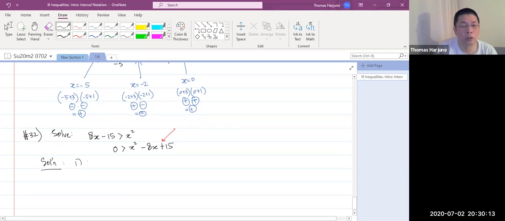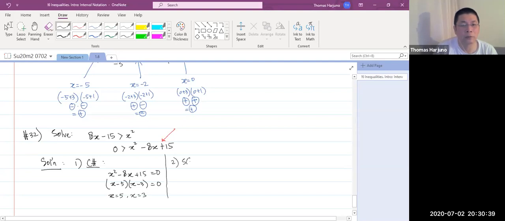Step 1, critical numbers. I set it equal to 0. So x equals 5, x equals 3. And then second step, let me do it on the right hand side here.